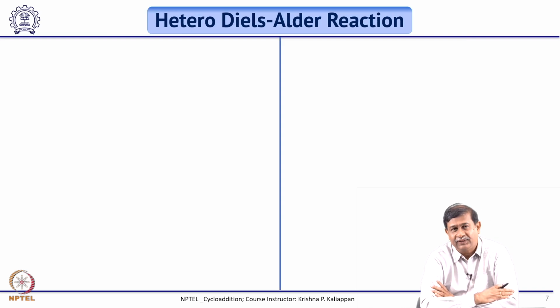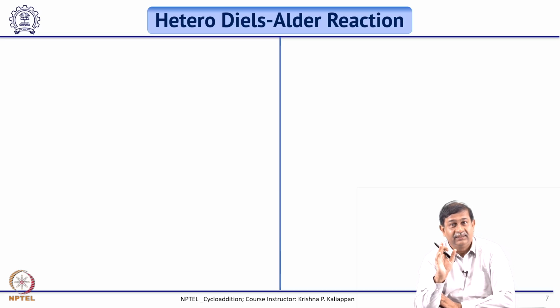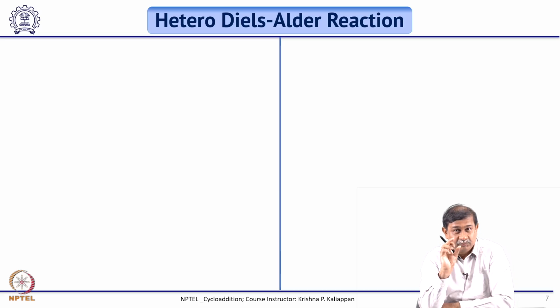So far whatever Diels-Alder reaction we have discussed, if you carefully analyze whether it is diene or dienophile, you see only carbon atoms. All the 4 atoms present in the diene are carbon atoms. Likewise, both the atoms present in the dienophile are carbon atoms.